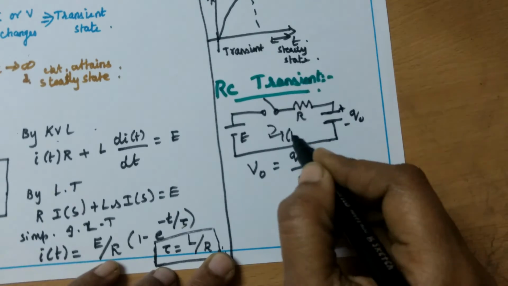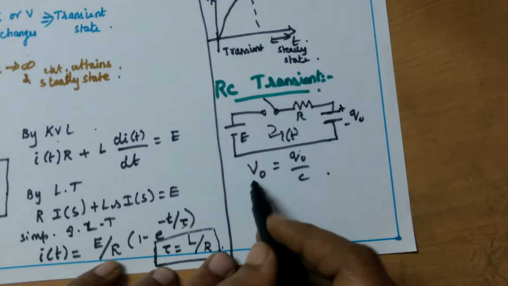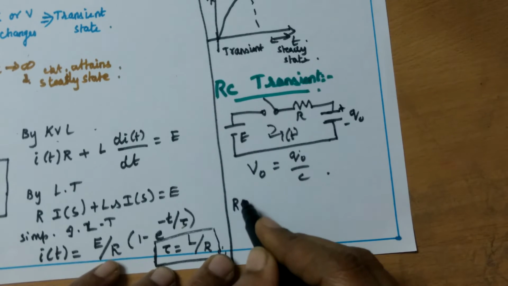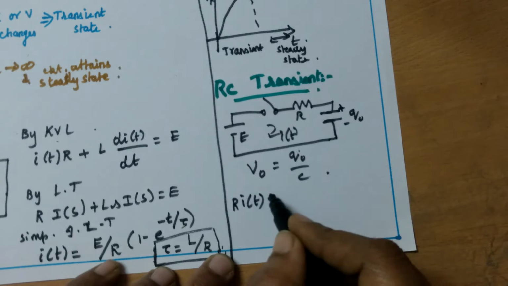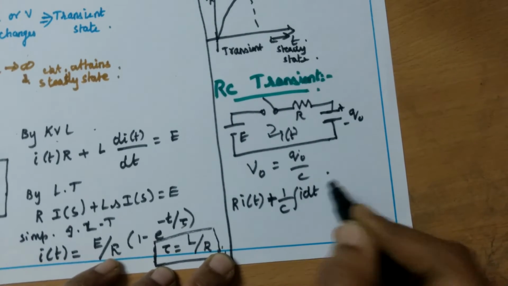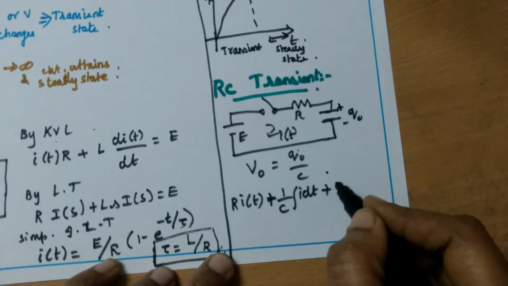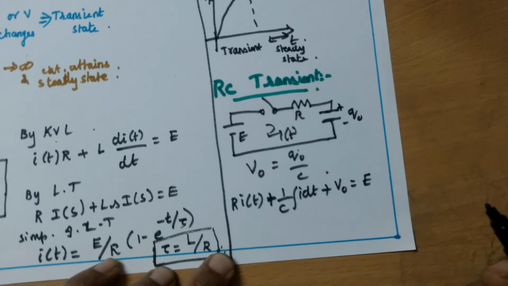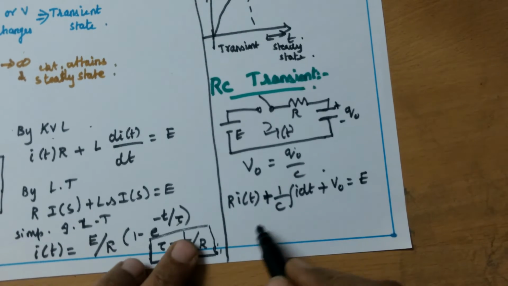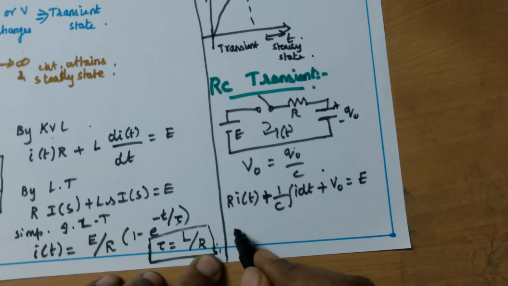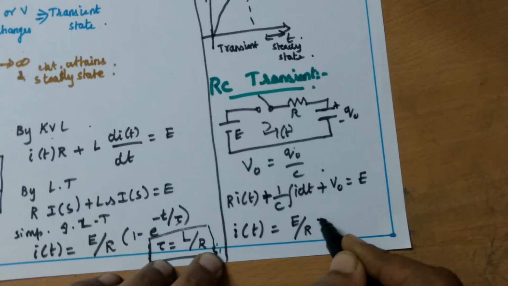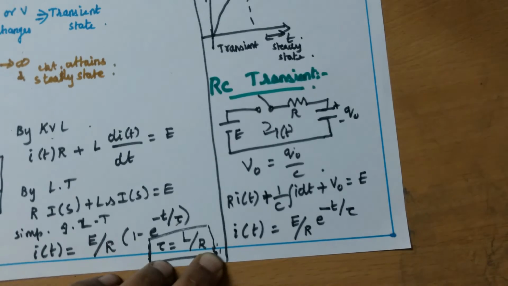We define this as I of t, the initial voltage is V naught, and R into I of t plus, when we consider capacitance, 1 by C integral of I dt plus initial voltage V naught, that is equal to E. Taking Laplace transform and inverse Laplace transform, we get I of t as E by R e power minus t by tau.